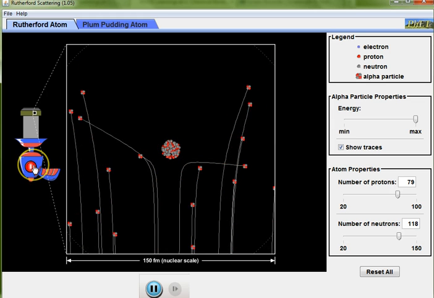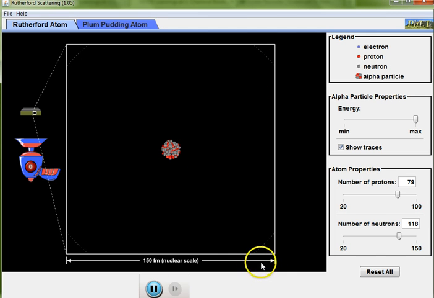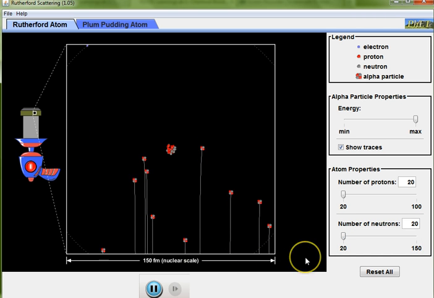Now let's change the atom and reduce the number of protons. We'll choose the least number of protons, 20 protons, and let's say 20 neutrons for all practical purposes. Everything else is the same. The only thing we have done is select a smaller atom, and now let's start the Rutherford experiment.